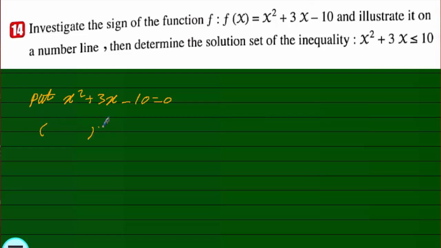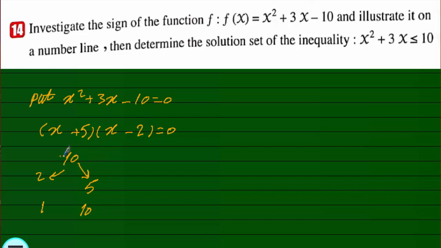It will be here x squared, it is x multiplied by x, and 10 equals 2 multiplied by 5, or 1 multiplied by 10, right? But we want the two numbers whose difference equals 3. So we'll choose 2 and 5, and it will be positive 5 multiplied by negative 2.